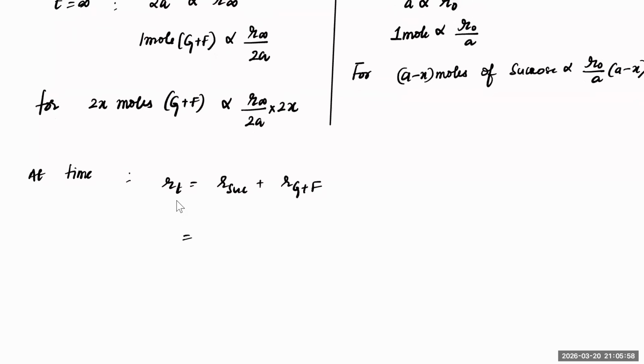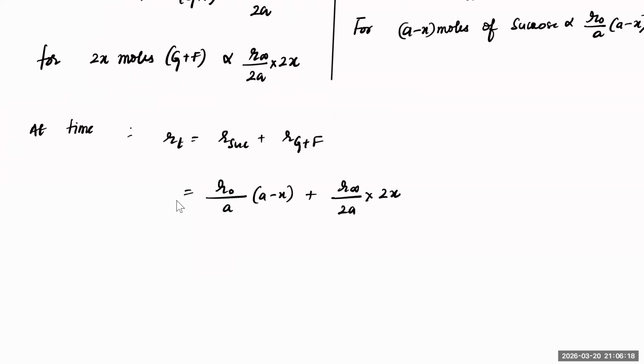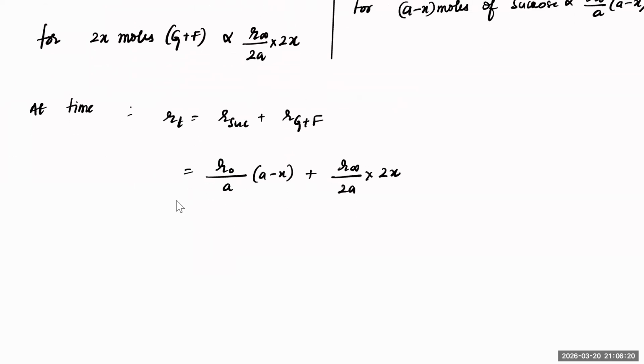At time t, how much sucrose was there? a minus x. For a minus x, the rotation should be R naught by a into a minus x. And glucose and fructose at time t gave R infinity by 2a into 2x. The 2 will get cancelled and this will be Rt. So I can write this as Rt, correct?